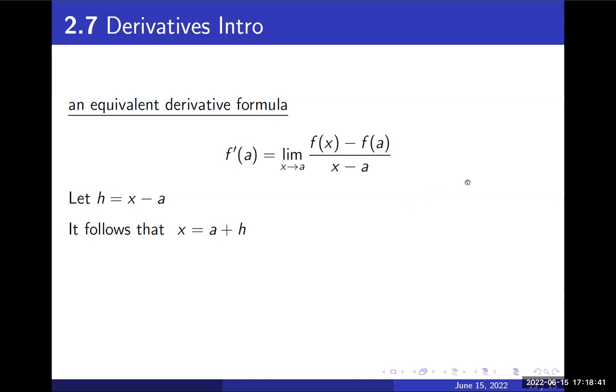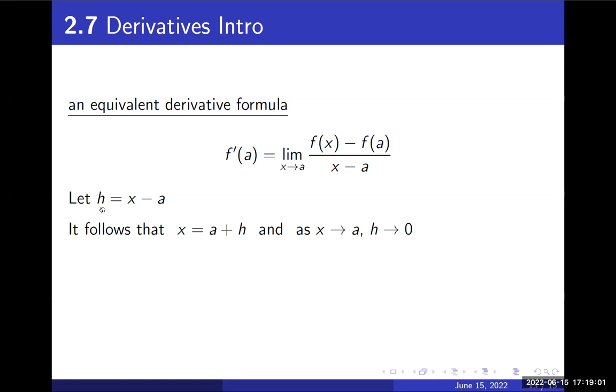Okay, big deal. Also, what about the limit? We have the limit as x approaches a. Notice that as x approaches a, that's the same as h approaching 0. Why is that?